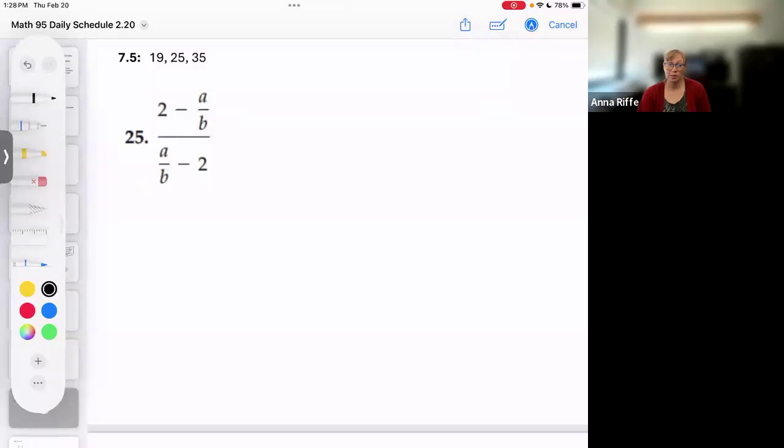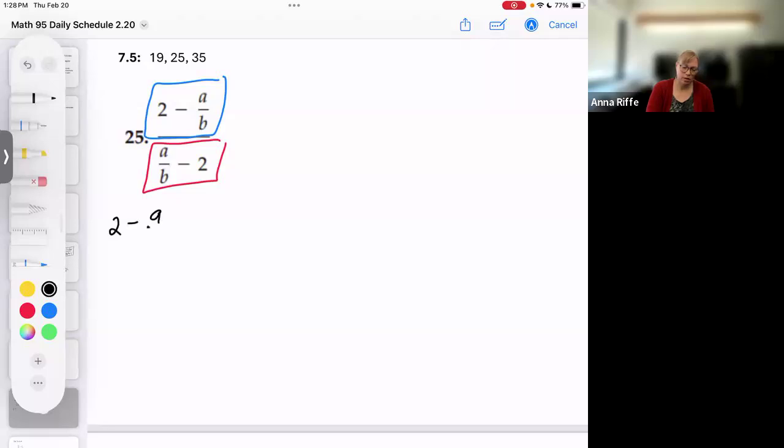So we could combine the terms on top and combine the terms on bottom. So let's go ahead and do that. There is a shortcut here, but since we're talking about these types of expressions where you want to add, subtract, and then change division to multiplication, it doesn't hurt to practice this.